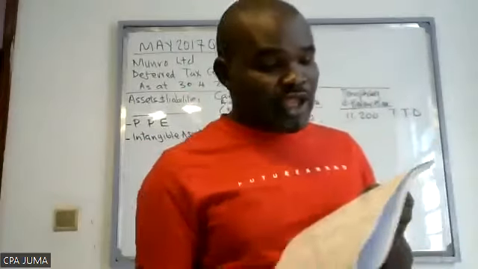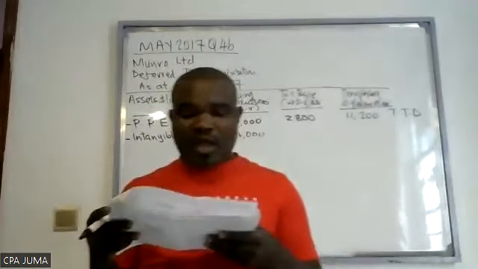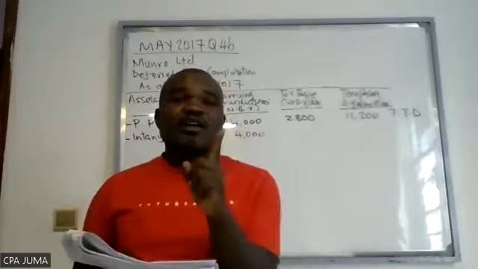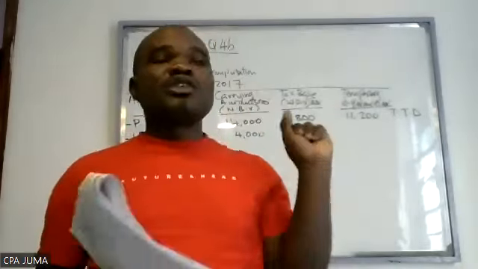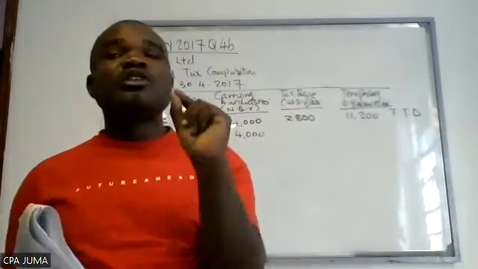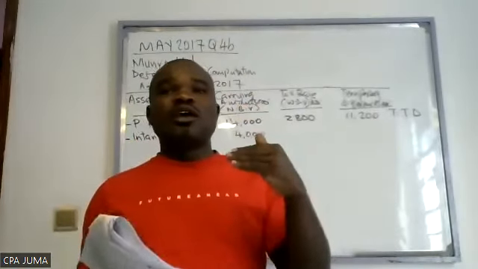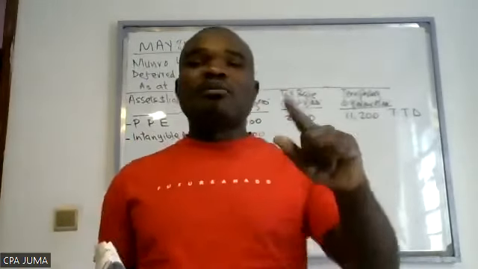Let us scale the story out. They are saying it is tax deductible. Tax deductible means allowed to deduct. So it is allowed for tax when the amount is paid. That is the first thing the examiner is communicating. Then subsequently they are saying the amount was paid in 2014. So it means the entire cost was allowed in 2014.